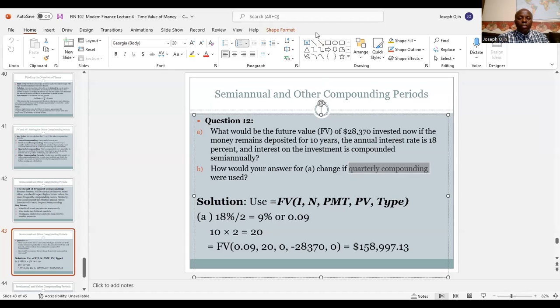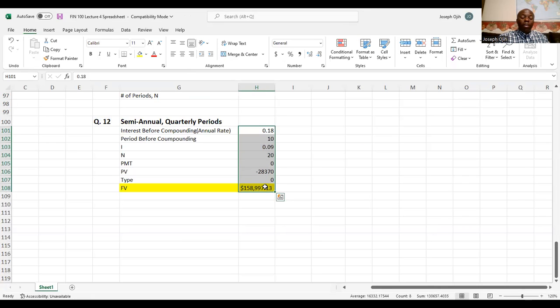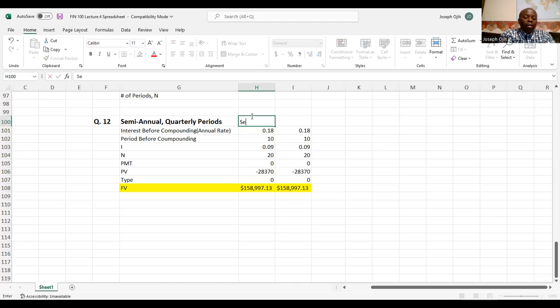Let's go and do it on Excel. The good thing about Excel is that when you do your first calculation, you can reuse it for the second calculation. It will recalculate for you. So let me paste it here, and all we have to do is change the number of compoundments. This one is semi-annual compoundments. This one is quarterly compoundments.